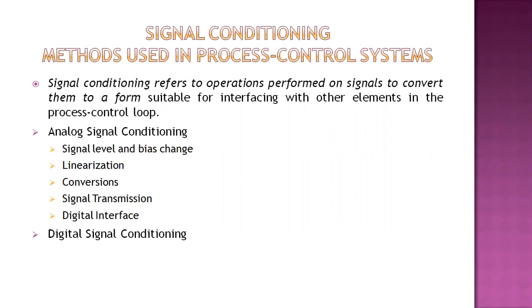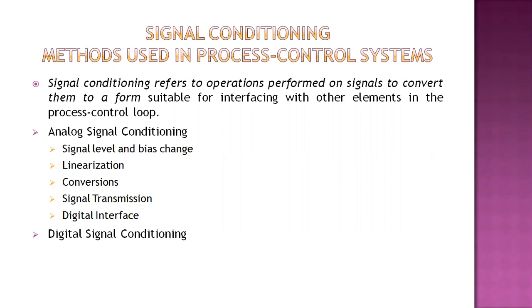To develop such transducers, we take advantage of the circumstances in nature where a dynamic variable influences some characteristic of a material. So the analog signal conditioning provides the operations necessary to transform a sensor output into a form necessary to interface with other elements of the process control loop.